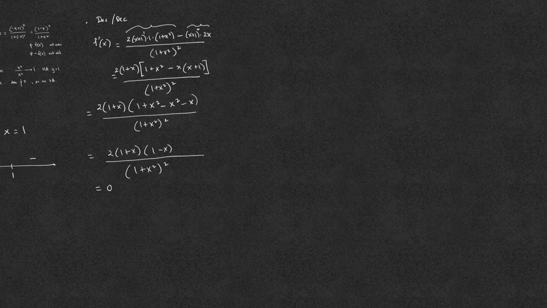To evaluate the second derivative, we first simplify the first derivative f prime of x, which is 2 times 1 plus x times 1 minus x, which is 2 times 1 minus x squared over 1 plus x squared squared.